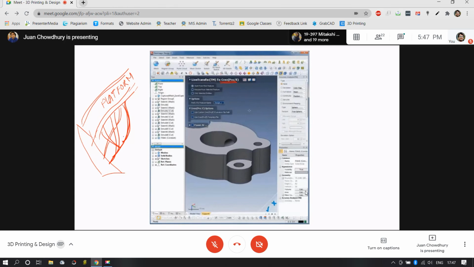So the time taken to model this part and the time taken to model this part will be the same. Do you agree that the time taken to model these will be the same? Right. So now you can see the difference.